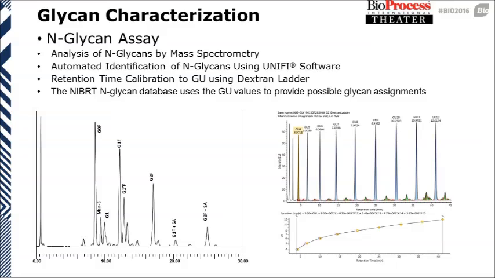And on this side of the slide is a dextran ladder, and there's a database now that's put out by an organization called Nyberg that has correlated to this dextrose ladder what all the main Glycan GU values would be. And then we can take that to the next level and go into mass spectrometry and identify what those glycans are.